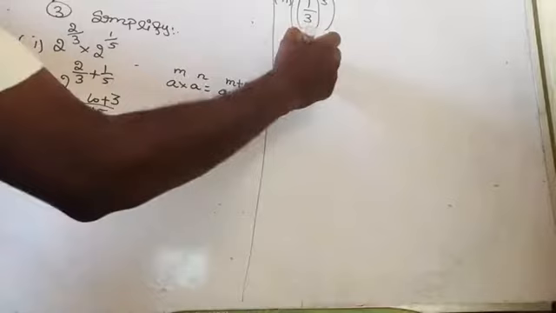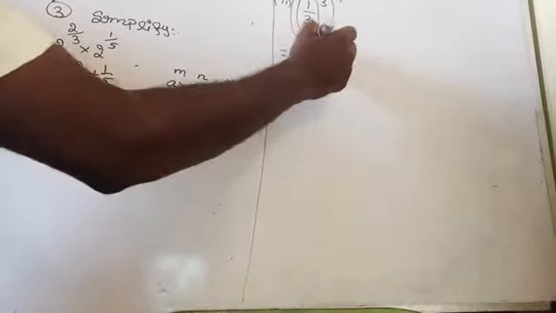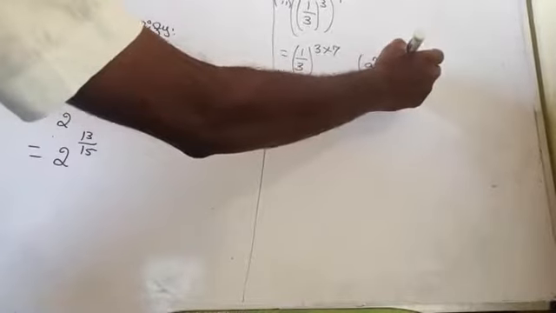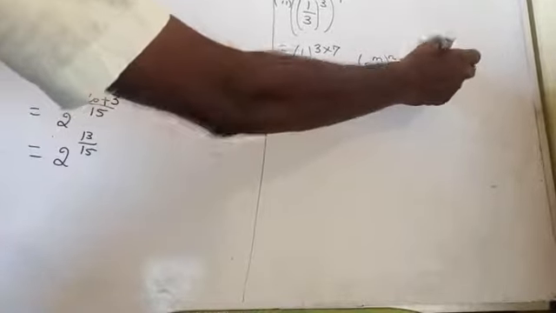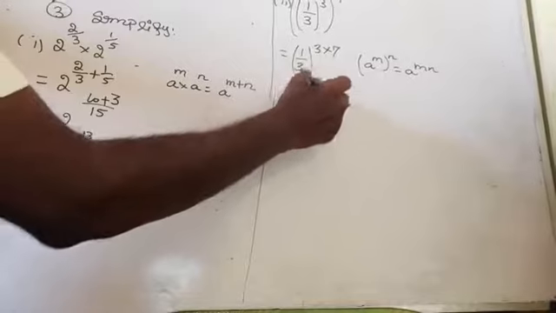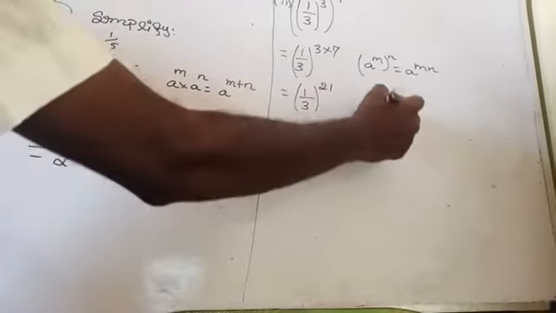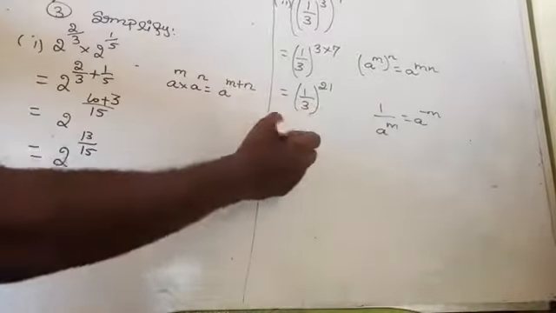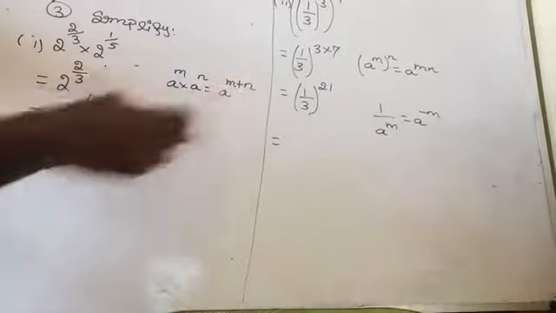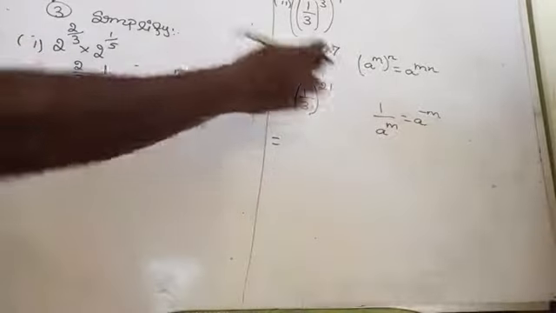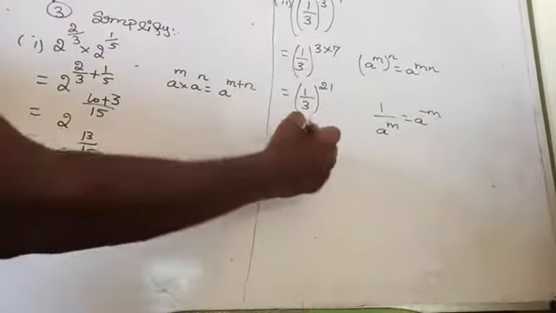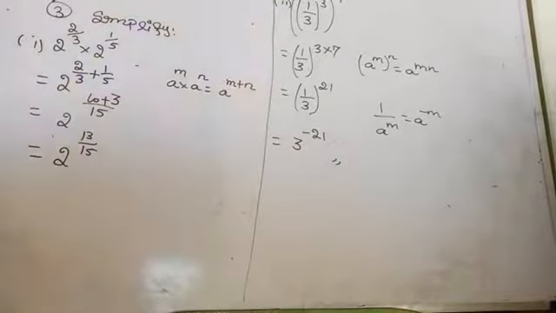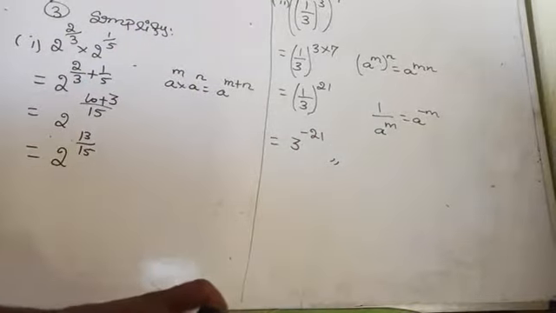So 1 by 3 the whole power 3 into 7, since a power m the whole power n is nothing but a to the power mn. Then 1 by 3 the whole power 7 3s are 21. So 1 by a power m can be written as a to the power minus m. Just interchange this fraction and then change the sign of the exponent. So 3 to the power minus 21. Are you getting there? Yes.